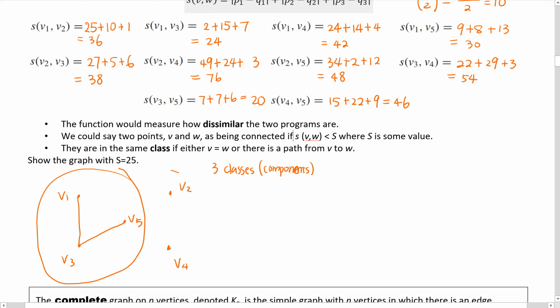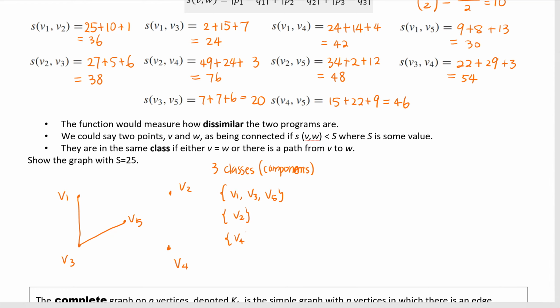And these 2 are the isolated vertices. Okay, so we have 3 classes. They are vertex 1, vertex 3, and vertex 5. And then vertex 2 is by itself, vertex 4 is by itself. So we have 3 classes. Okay, so far so good, everybody.